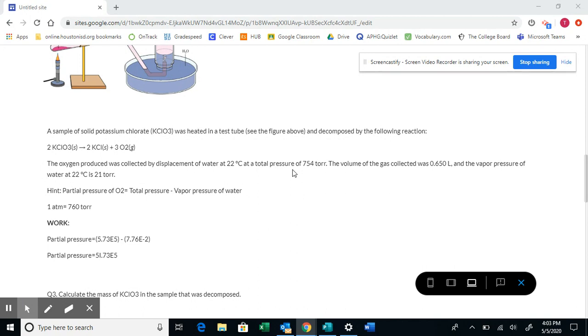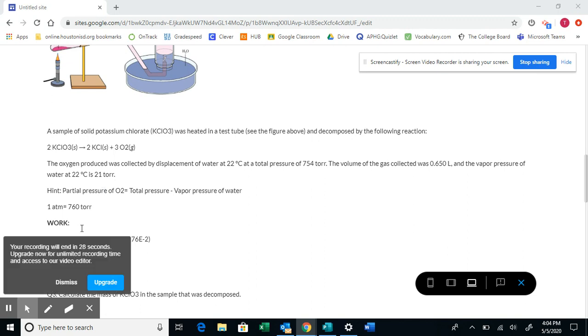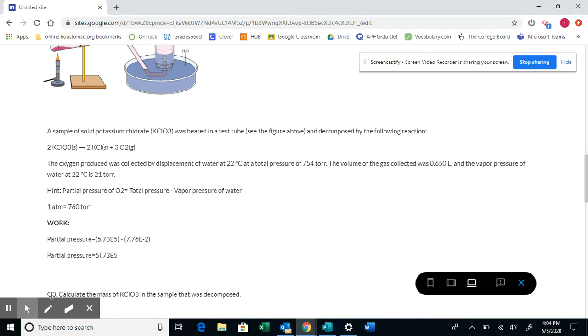And then you take your vapor pressure of water, which is 21 torr. You're going to divide that by 760 to get 7.76 E negative 2, and then after that you subtract this and you get 5.73 E5.